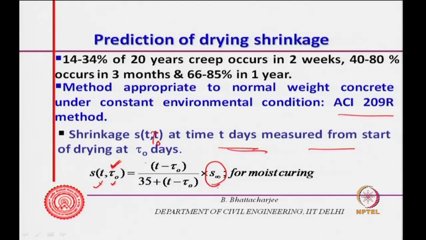So, where this is infinity and related to the time. So, it is a kind of hyperbolic equation. As you can see, as this time increases, this will increase, but there is a 35 added there. So, this will tend to a constant value, that is ultimate.